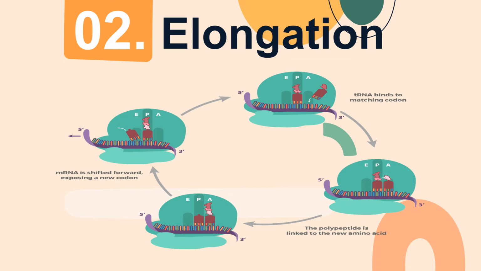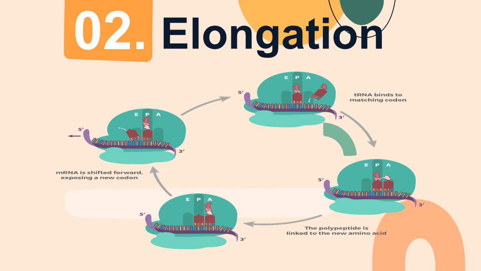Then, the ribosome moves one codon down the mRNA. The tRNA in the A site carrying the polypeptide shifts to the P site. The tRNA in the P site shifts to the E site and exits the ribosome.